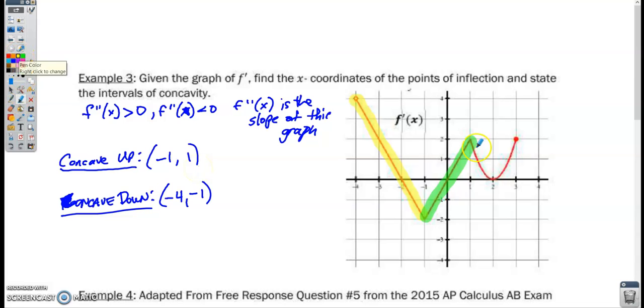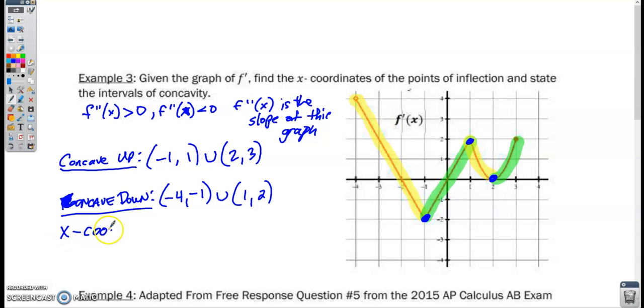And then we're back to a negative slope between 1 and 2. So it's going to be concave down from 1 to 2. And then finally, we're back to a positive slope from 2 to 3. So it's going to be concave up from 2 to 3. Now all these x-coordinates where the graph changed slope are the x-coordinates of our points of inflection.